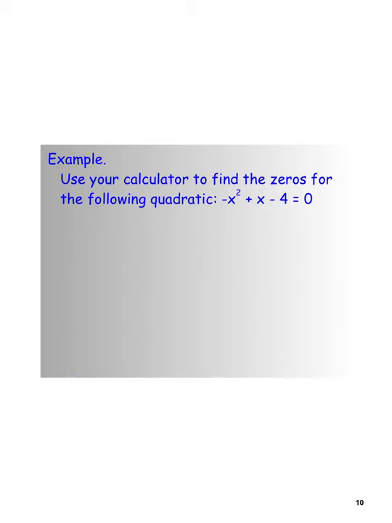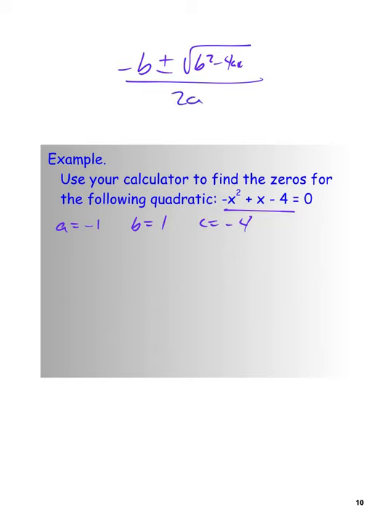Again, we've got our format as we need it here. We've got an a value that's negative 1, a b value that is equal to 1, a c value that is equal to negative 4. So going again with our quadratic formula, negative b plus or minus the square root of b squared minus 4ac all over 2a. I'll change color since we're seeing a lot of blue here.